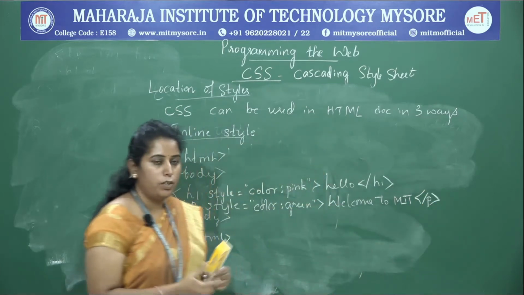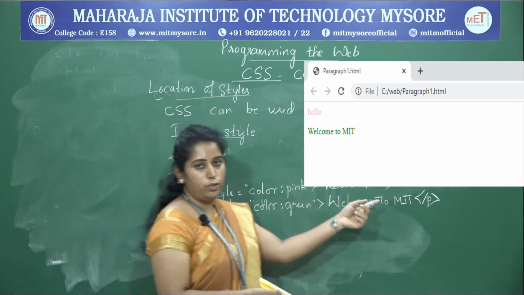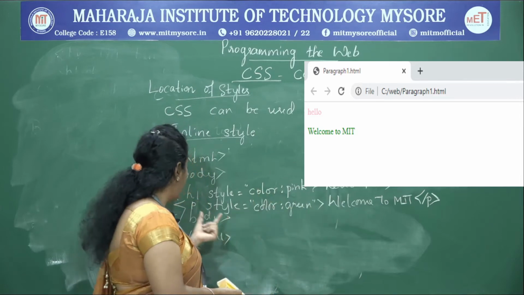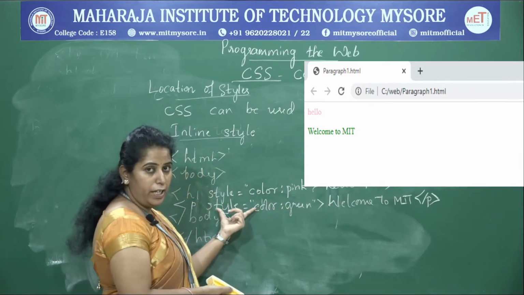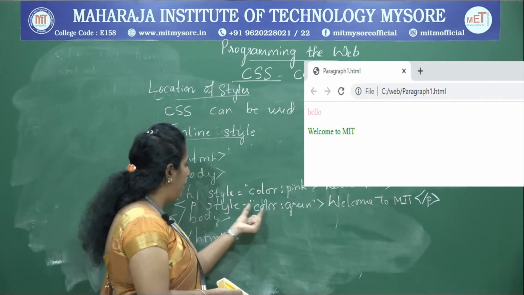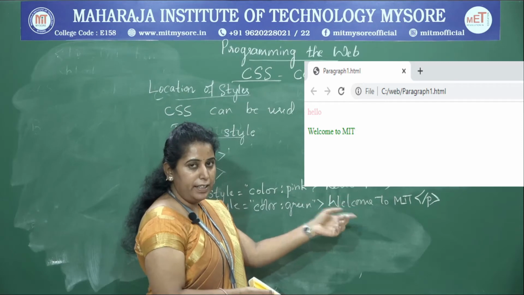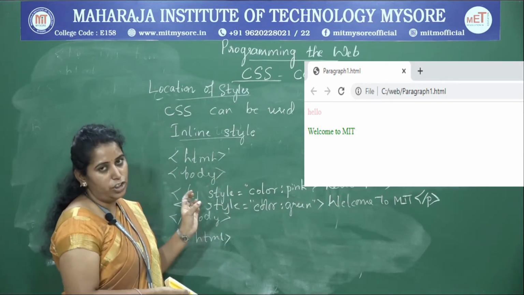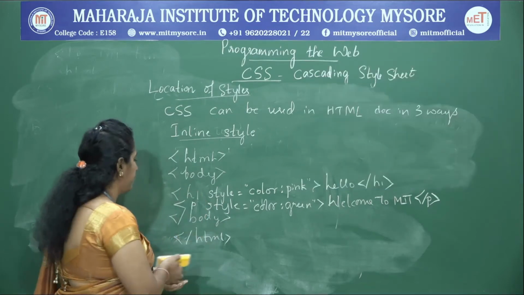Close the tag. So now once you run this program, what happens? You can look into the output. Hello is printed in pink color and you have given a message welcome to MIT in a paragraph tag. But its property says it has to be printed in green color. So it is printing in green color. So this is an example of inline style sheet or inline style.